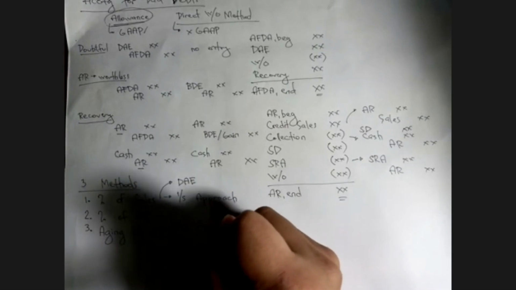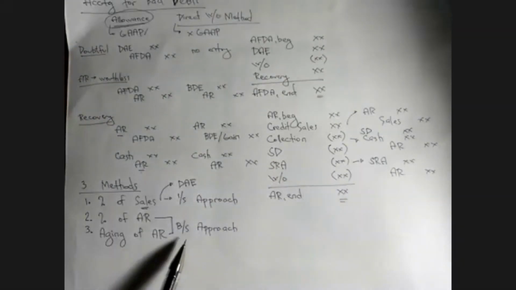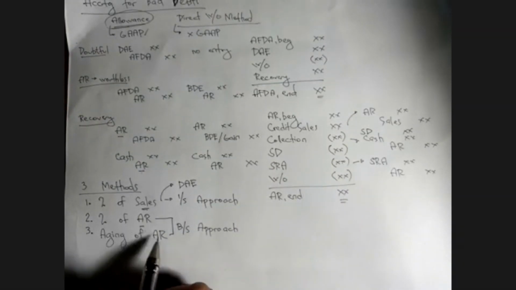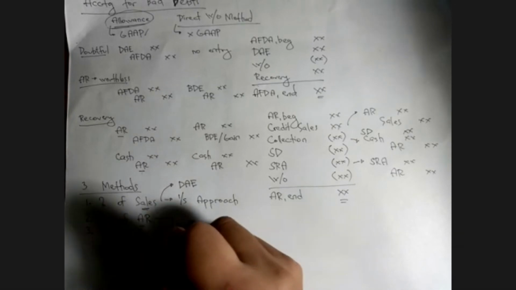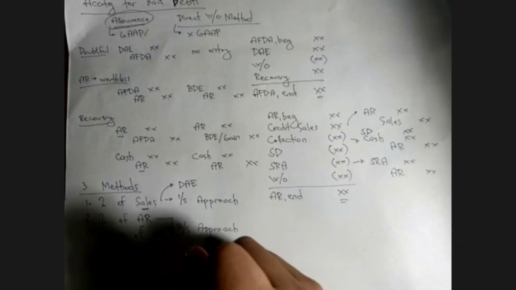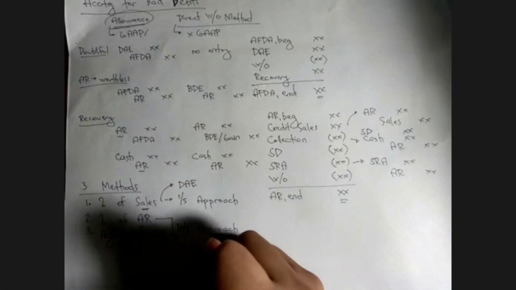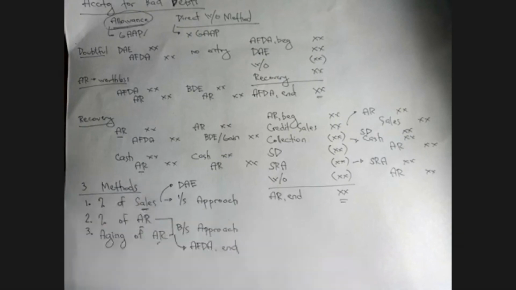Next, number 2 and number 3, natatawag naman silang balance sheet approach. Why? Because ang base na ginagamit natin dito, nakikita sa balance sheet, which is the accounts receivable. Then also, natawag siyang balance sheet approach because ang nako-compute natin dito sa number 2 and sa number 3 is actually the allowance for doubtful accounts at the end of the year. So, magkaiba ang nako-compute ng bawat method.